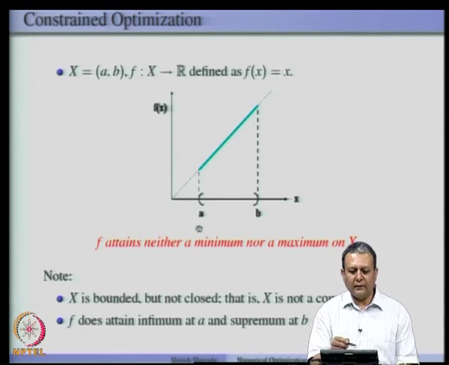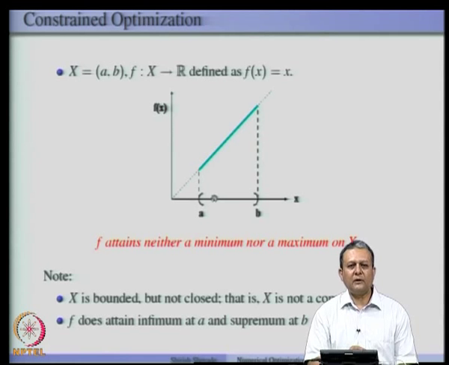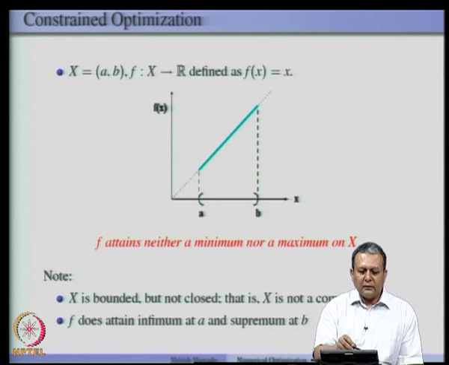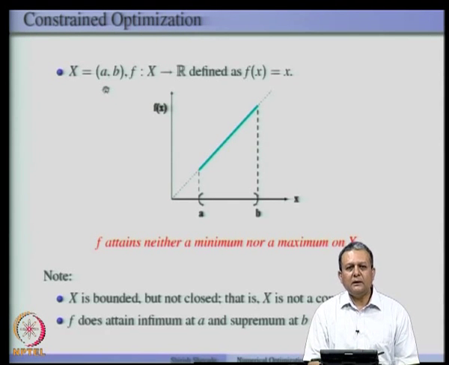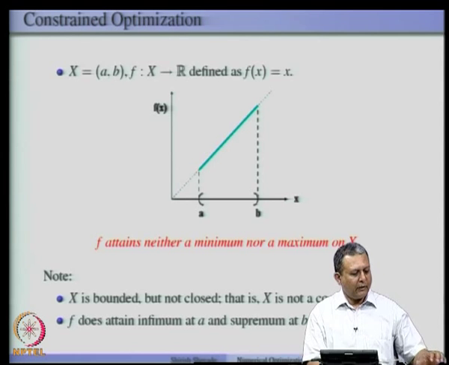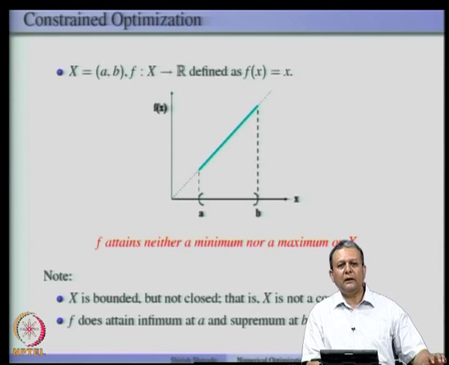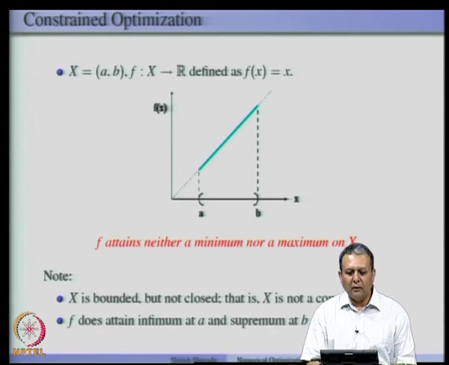That is why they are shown using special symbols. If you look at this, the domain is now bounded. Unlike the previous case where the domain was not bounded, here the domain is bounded, but it is not closed. So, again x is not a compact set.